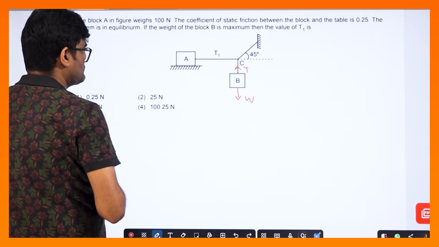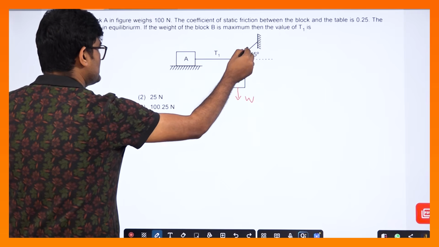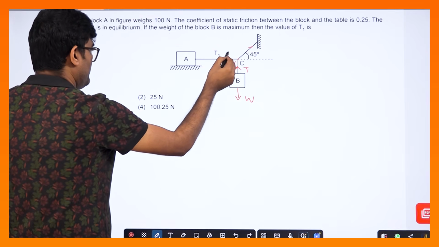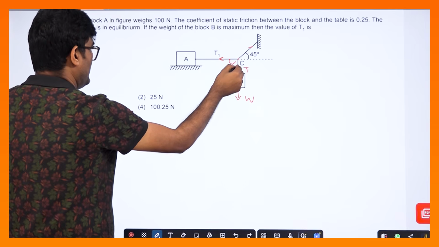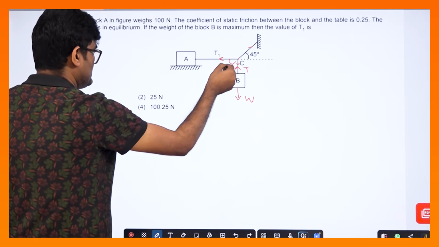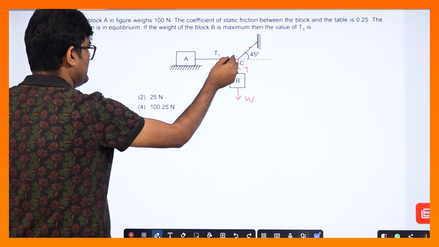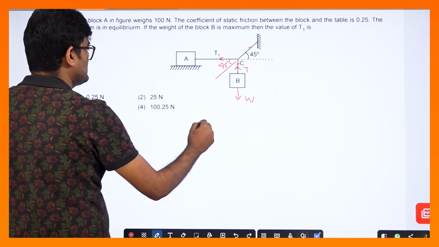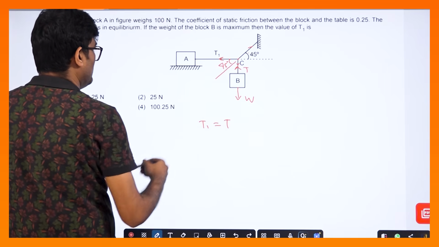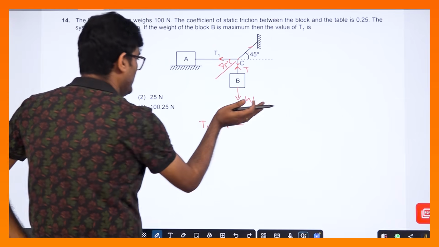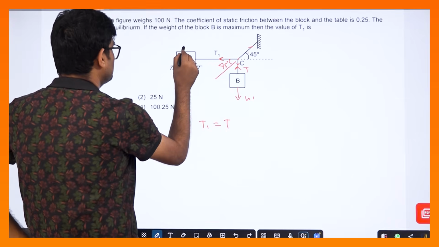And if this force is at 45 degrees, the resultant of T1 and this tension must be balancing this one. This is 45 degrees, so tan 45 degrees is T1 by T. In that case, T1 has to be equal to T.